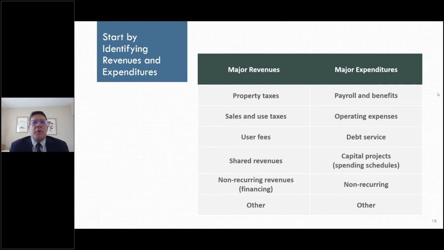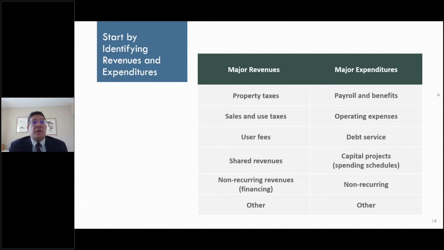Also the expenditures: payroll and benefits. That's a major one for a lot of agencies. Payroll and benefits are usually going to be your biggest source of expenditures. Think about whether your agency, when you're dealing with CalPERS, makes a lump sum payment or perhaps makes payments over the months of the year, spreading it out over the course of the year.